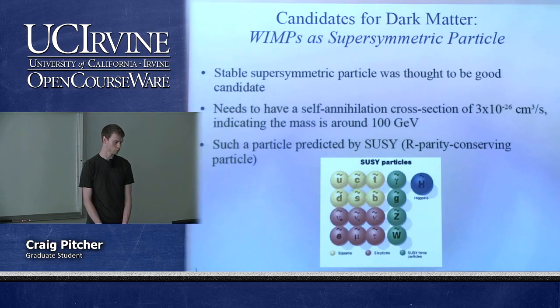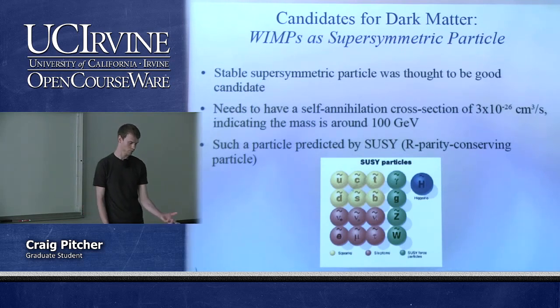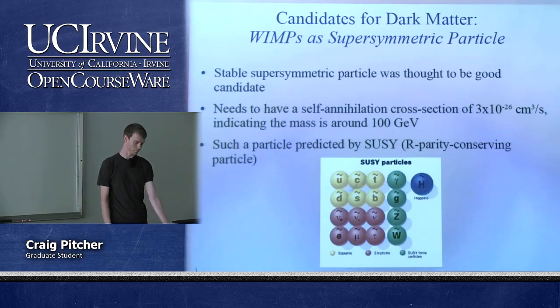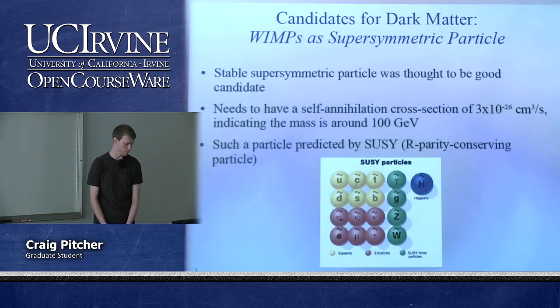In order to have the predicted self-annihilation cross-section, basically the dark matter and anti-dark matter WIMPs annihilating, of 3 × 10⁻²⁶, we have to have a WIMP around 100 GeV. And this is a particle that could be predicted by supersymmetry.